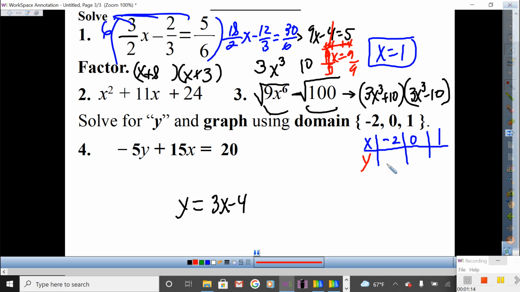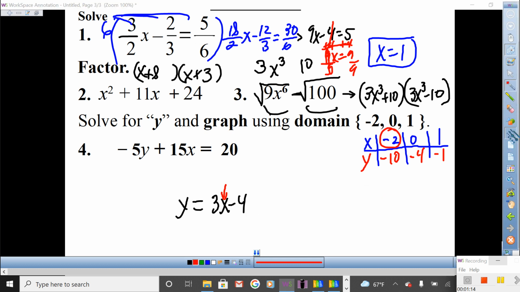Hector, range. Negative 10, negative 4, negative 1. Okay, hands up if you got that. That is correct. And of course you know how to get that. You substitute these values in here for x, multiply, combine, yada, yada, yada.